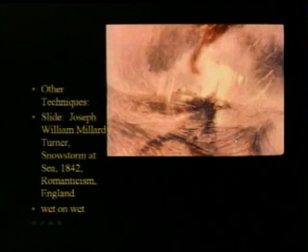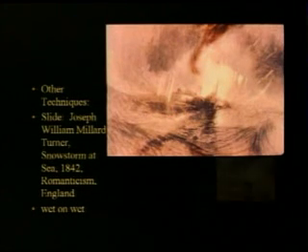But this technique is called wet on wet, and in this technique you apply one layer, one area of the oil paint, and before it dries completely, you paint right on top of it with another layer. And what happens sometimes, depending on how wet the underlying layer is, you end up smearing the paint and sort of mixing the two different layers together.